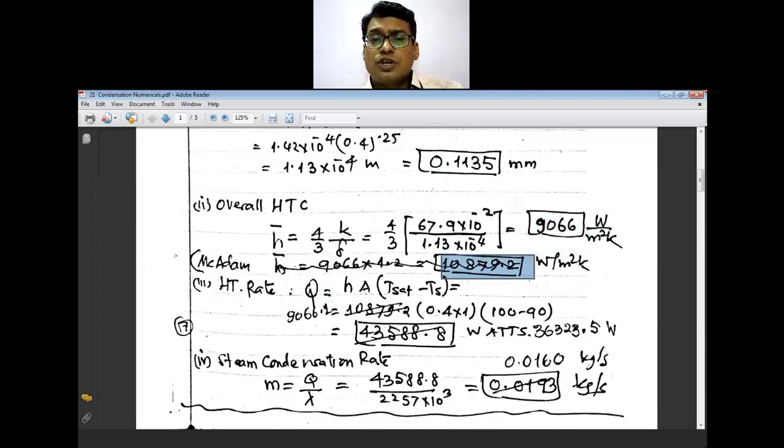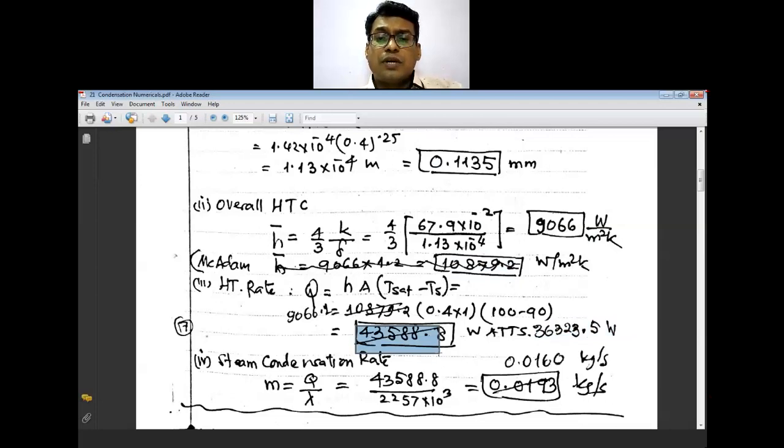First Q with the calculated value, and this area is 0.4 per meter width, taken into account. So this comes out to 36,323 watts. And with the 20% excess, it comes as 43,588.